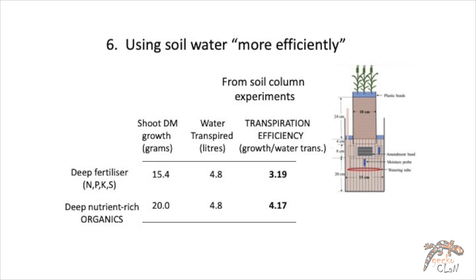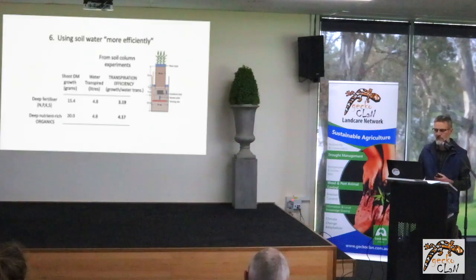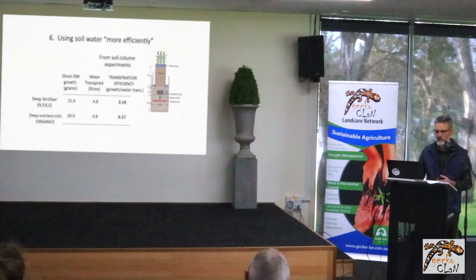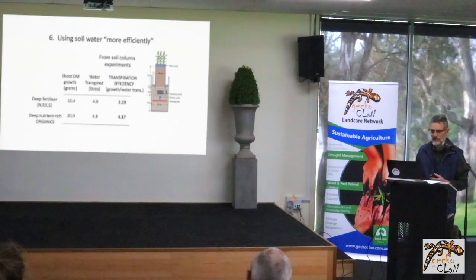So what does this matter? If we can study those two systems, can we make efficient use of the water and build more carbon? Joanne Wang did some column experiments in our glasshouse at AgriBio.